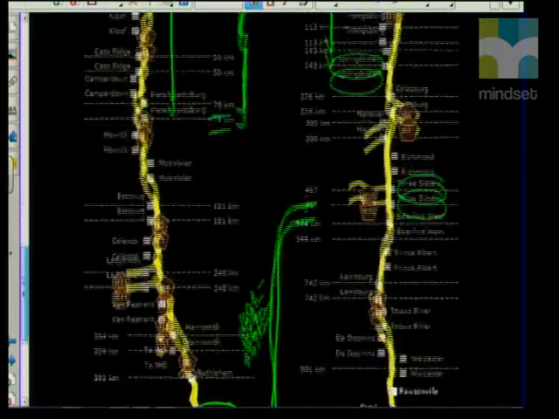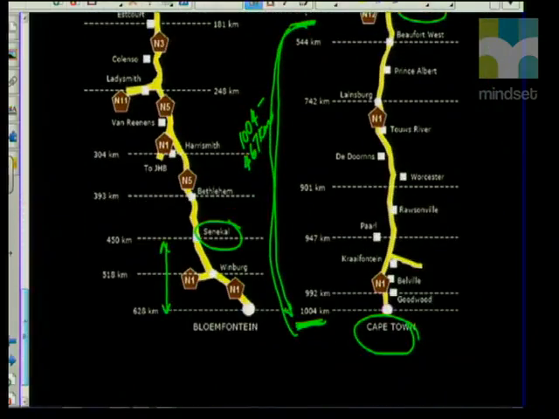So first of all, I need to figure out how far away is Senekal from Bloemfontein. I can't just say 450 kilometers because that's actually from Durban. And I can't use the 628 kilometers because that's actually how far it is from Durban to Bloemfontein. So I need to find out the difference between these two.